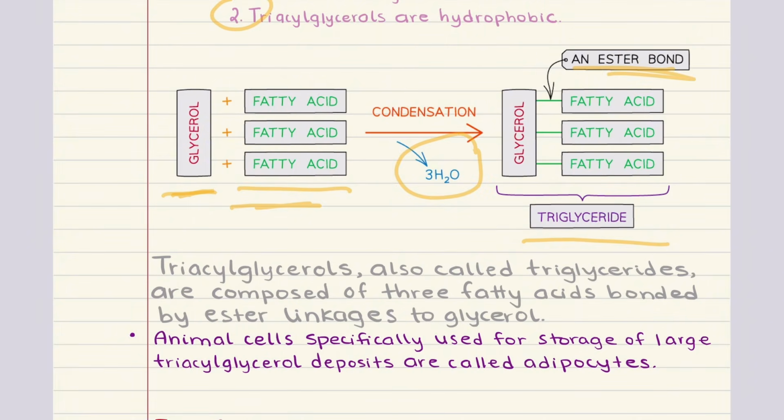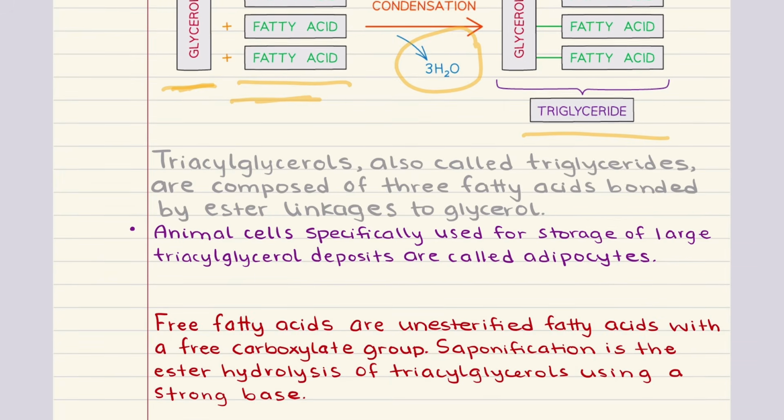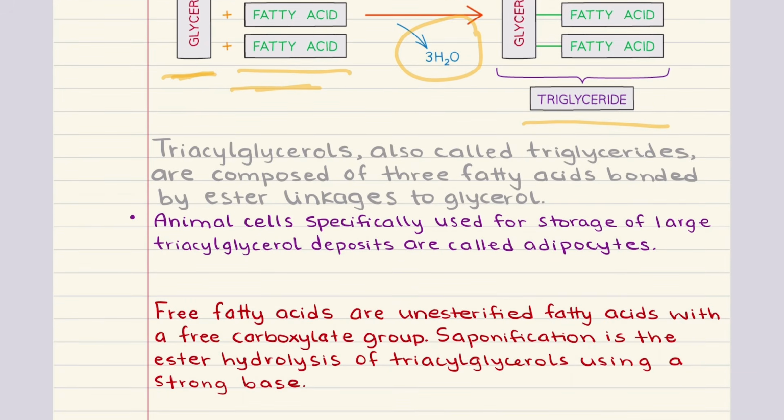In the body, these triacylglycerols are stored in specialized fat cells. These cells are packed with triglyceride droplets, and they serve as energy reserves that can be broken down when they're needed.